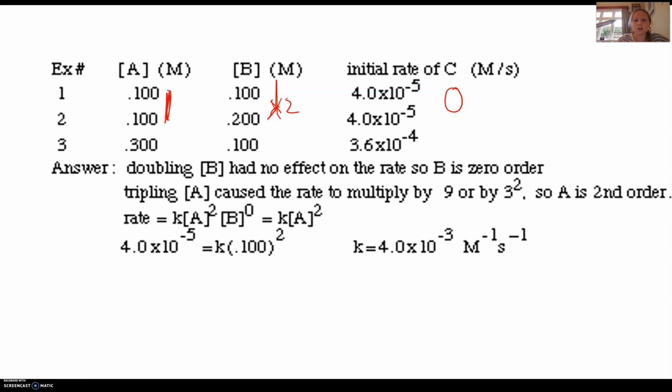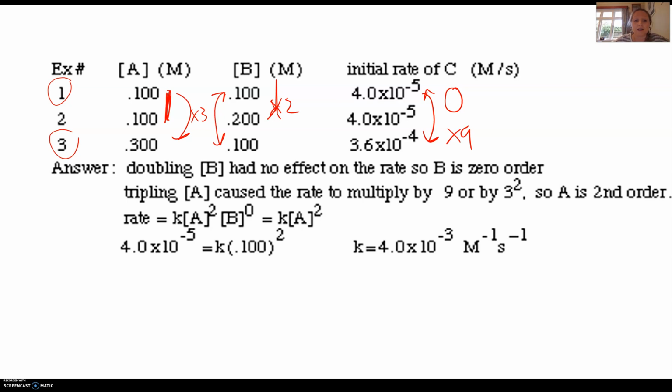So then if we look at A here, folks, where B's being kept constant, so we're comparing 1 and 3, you can see that when A is tripled, what happens to the rate here? The rate between this, and again, I wouldn't be able to do this without my calculator, but it's actually been timesed by 9. So, therefore, this is going to be second order.